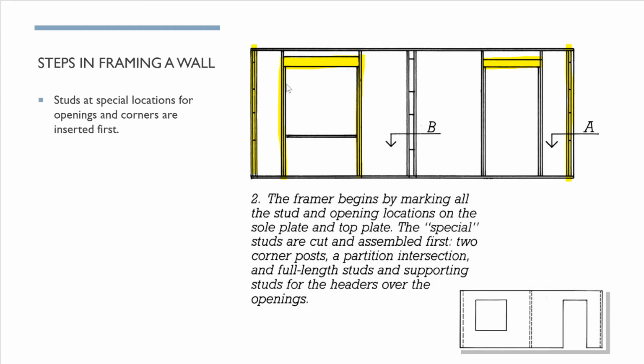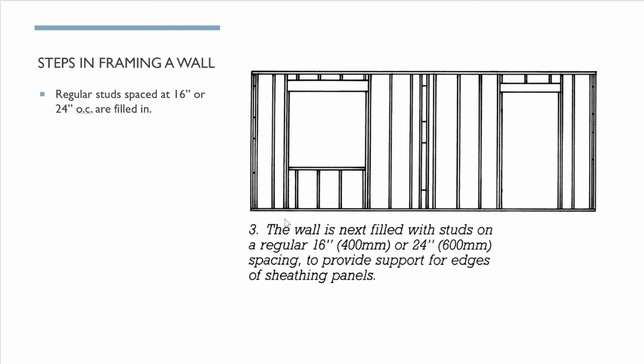And then you'll also notice some of these jack studs that help hold up that header. After I have my special openings all framed in, then I'm going to place my regular 2x4 studs at 16 on center. Again, in the world of sustainability, there are those that argue if I use a 2x6 stud, which is a little larger, I don't need to place them so close together.